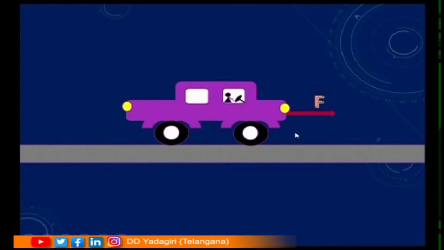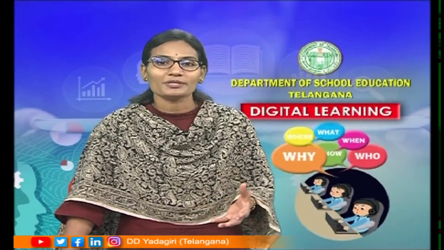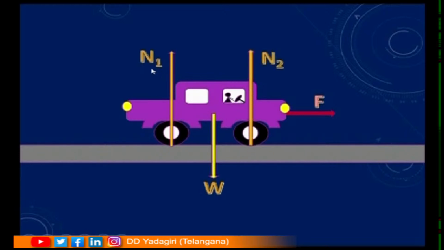Now tell me, children, we learned in the previous session that different types of forces are exerted on an object. Yes, the gravitational force acts in the downward direction and is indicated with the symbol W. Here the car has two contact points, so two normal forces act at these two points, denoted N1 and N2, in the upward direction.